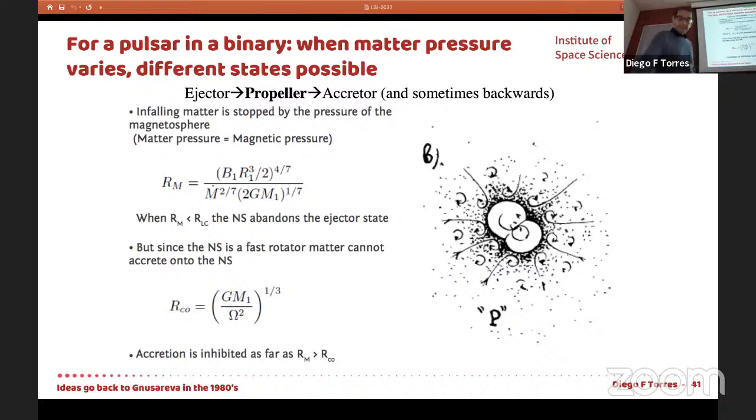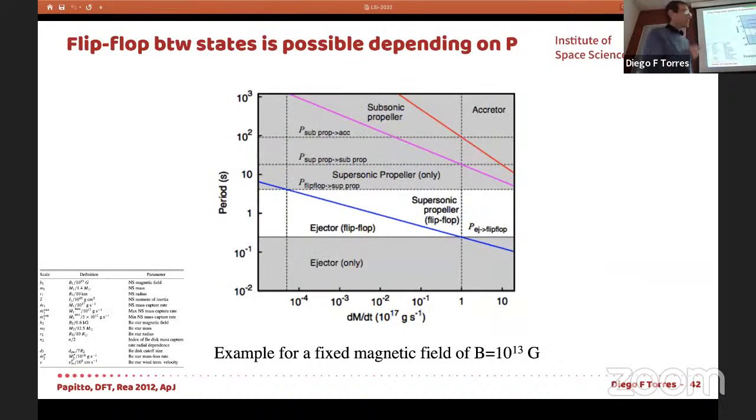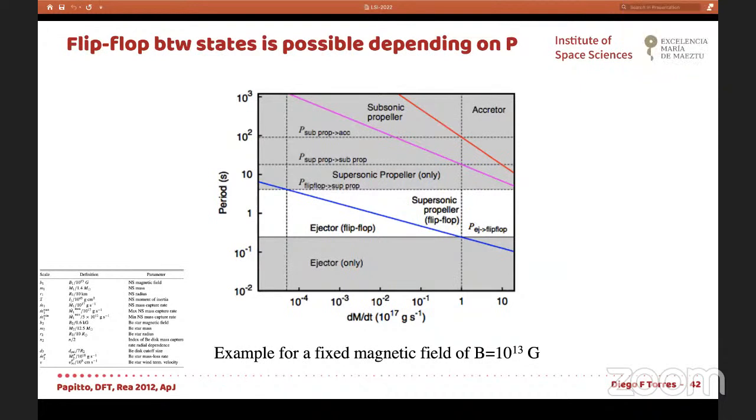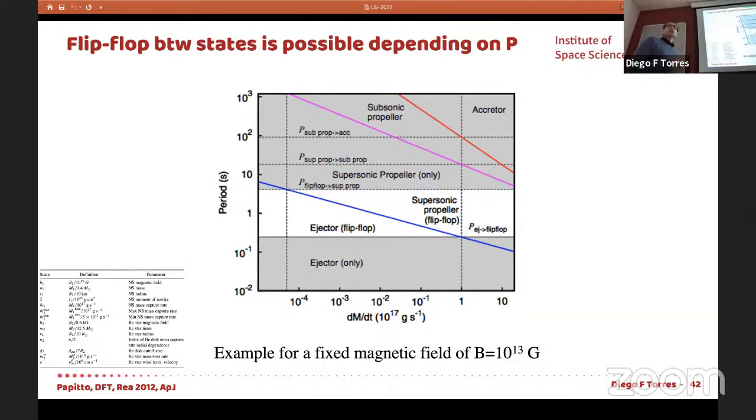So there is a possibility that you are changing states along the superorbit. This is what we propose. And we actually find that this is possible for a pulsar of relatively large magnetic field. This is just an example with 10^13, but it works with 10^14 or with 7 times 10^12, something like this.